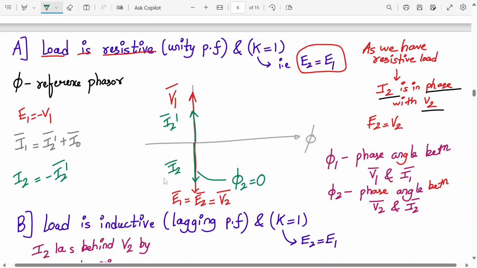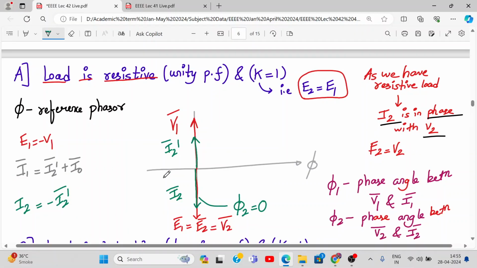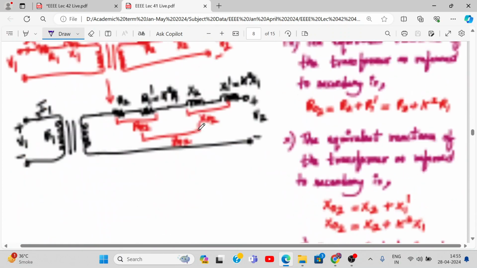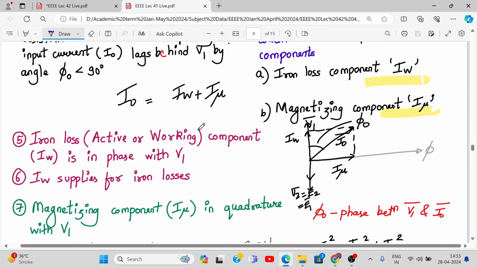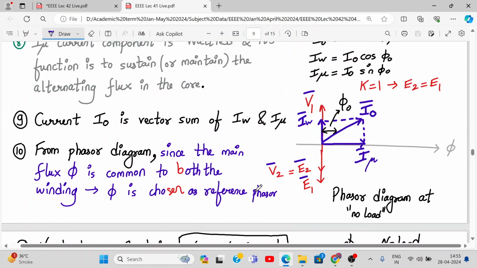In the first quadrant, but where? Remember we have drawn the phasor diagram last time. Let me show it to you. We had drawn this I0. Yes or no?